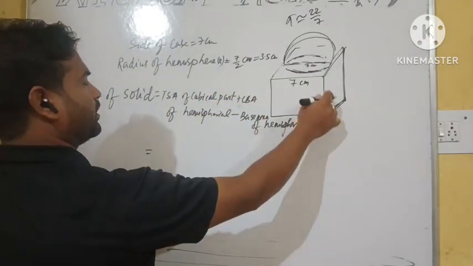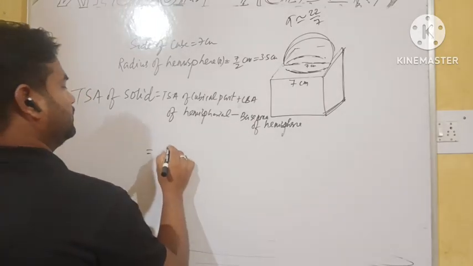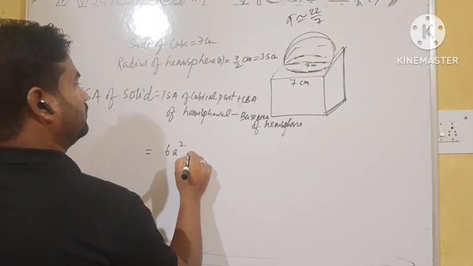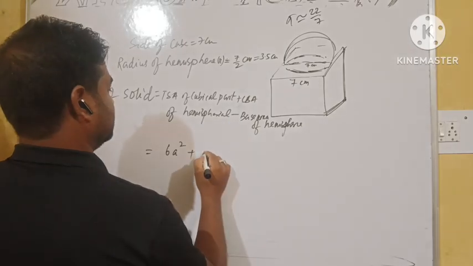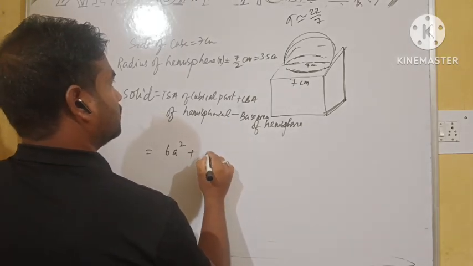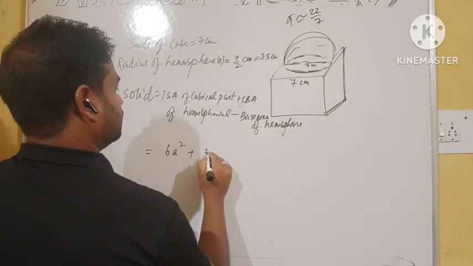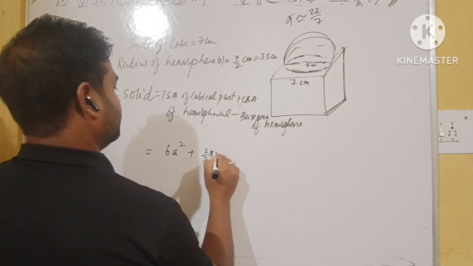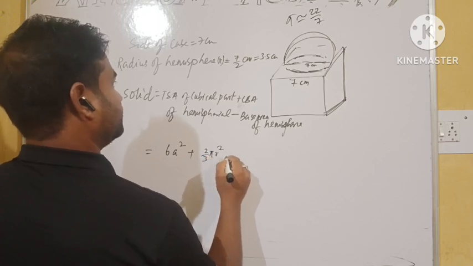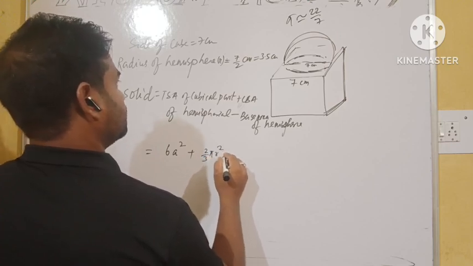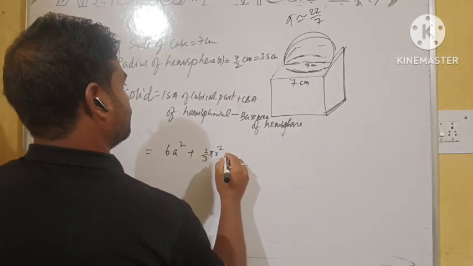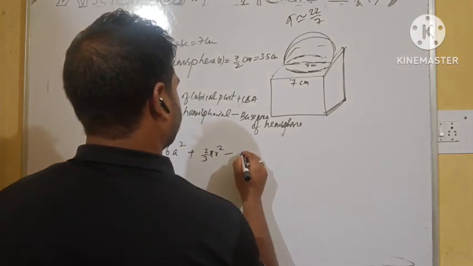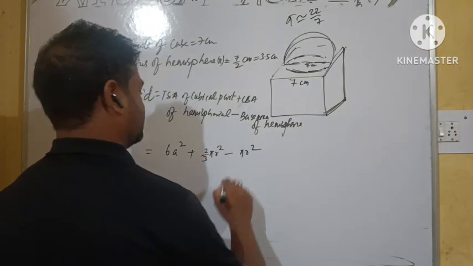The total surface area of the cubical part is 6a square, plus the curved surface area of the hemispherical part, which is 2 pi r square. Then the base area of the hemisphere is pi r square.